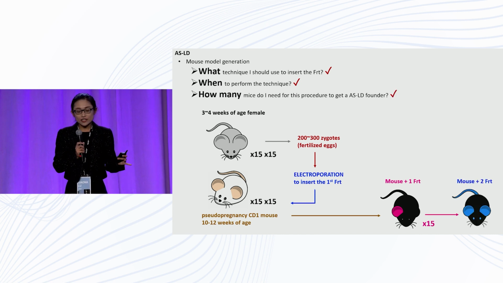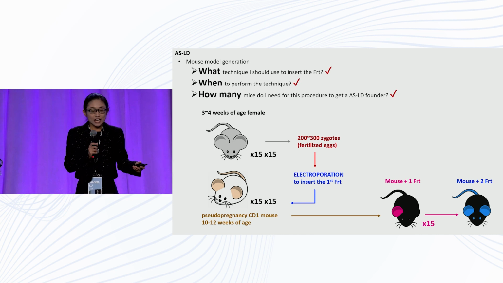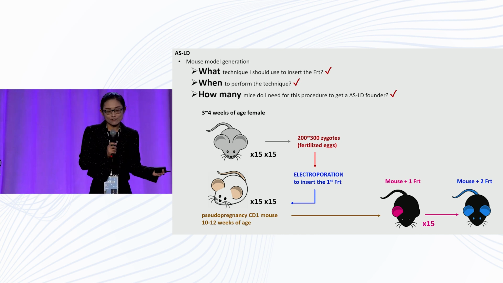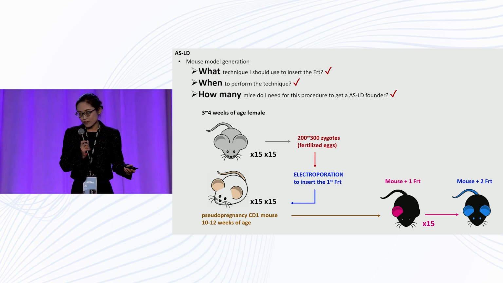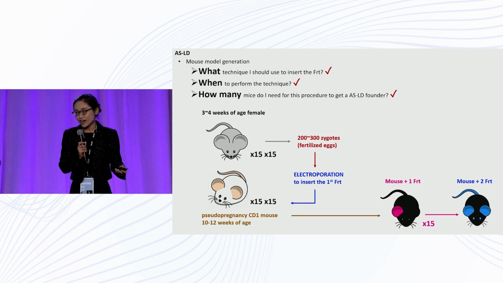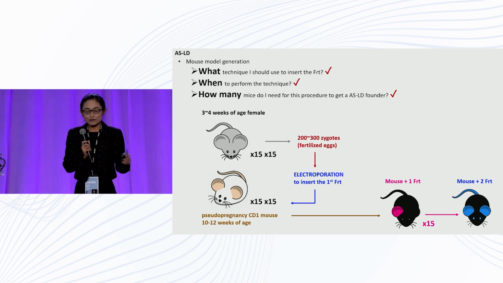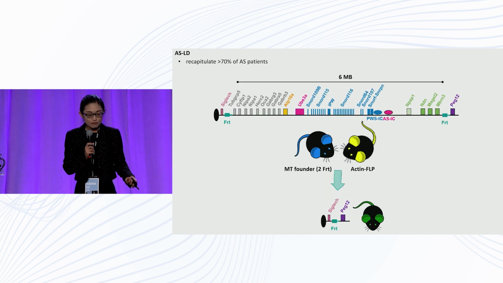However, I need a founder carrying 2 FRTs, which means I need 15 one-FRT mice to repeat the entire procedure to insert the second FRT. If we do the math accurately, it will be 450 mice needed for this procedure. Also, we were very lucky in this process. We used fewer mice than that number in the end.